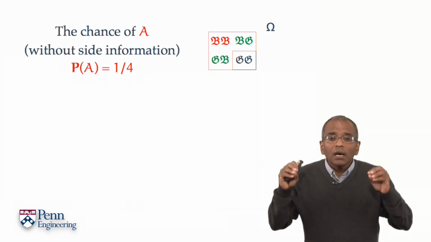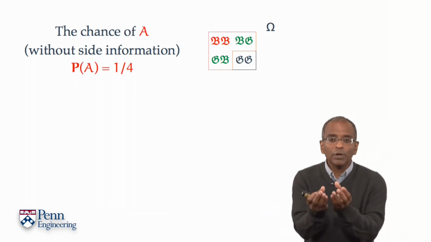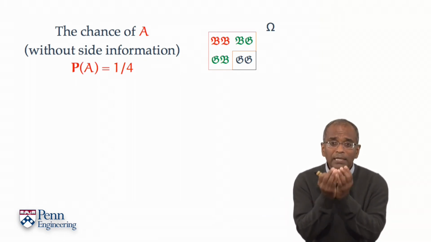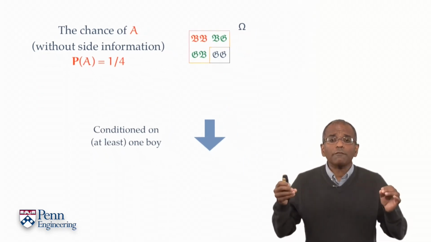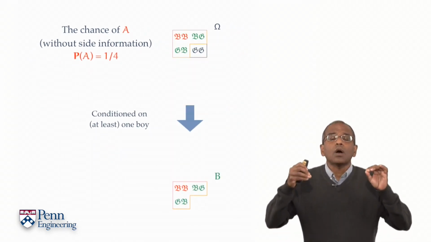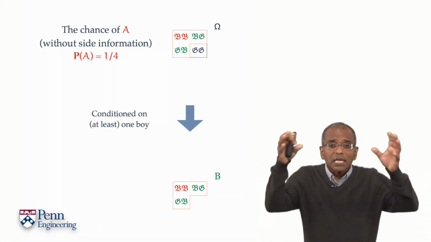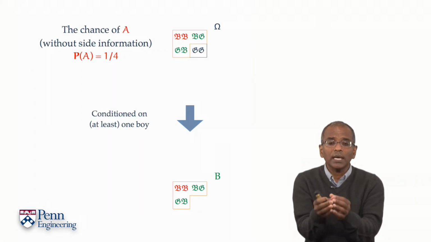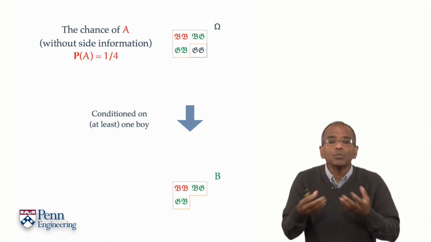But wait. We are now told something about the outcome of the experiment. We are told something about the family that is being observed. We are told that this particular family has at least one boy. This means that in the sample space that we started with, the sample point consisting of 2 girls is eschewed, is removed.